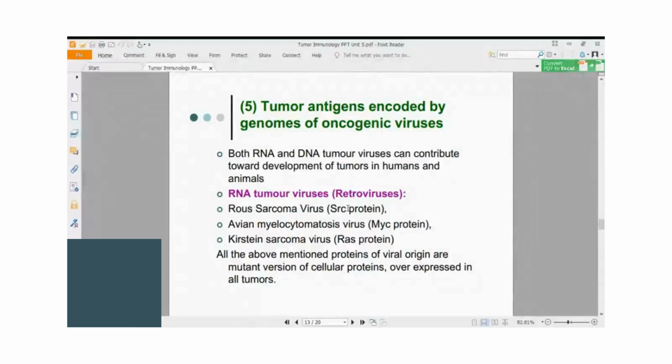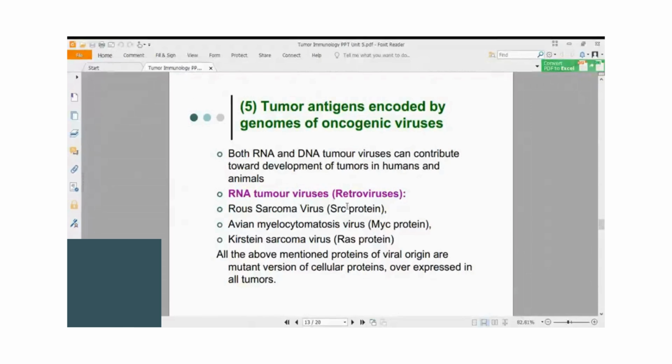Say, for example, EGF receptor, epidermal growth factor receptor. The epidermal growth factor receptor, which is present on the normal cell, facilitates the mitosis and growth of the normal cell when the receptor is bound by the epidermal growth factor.